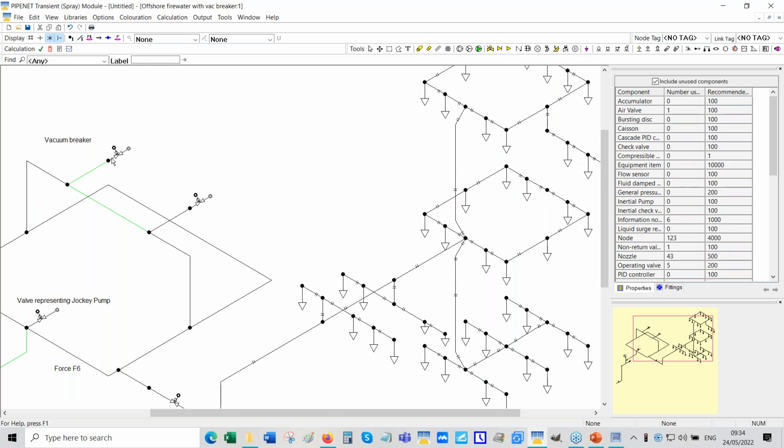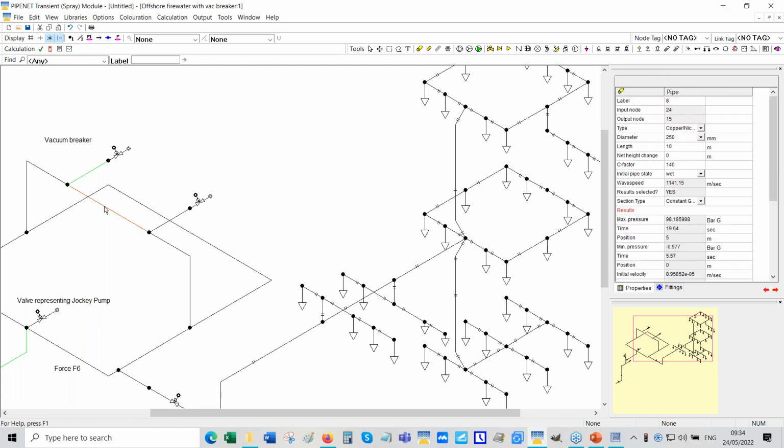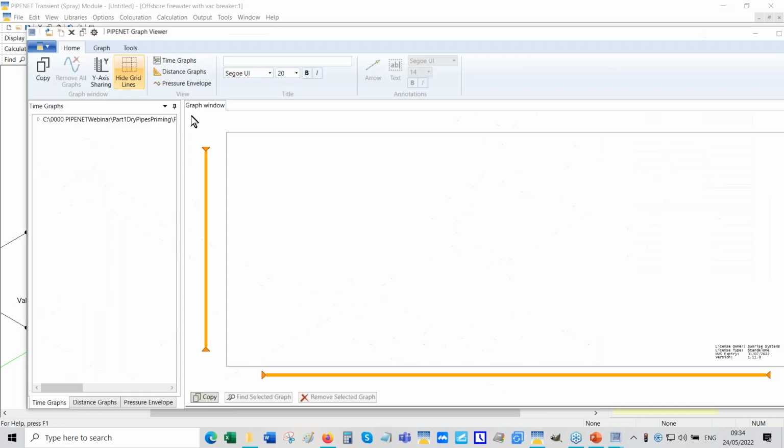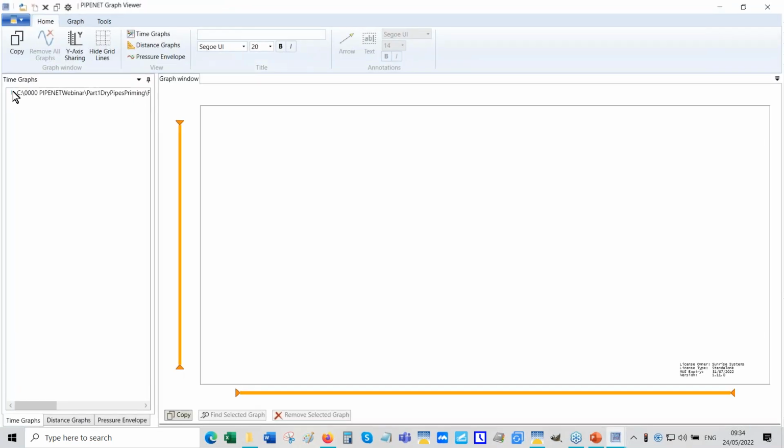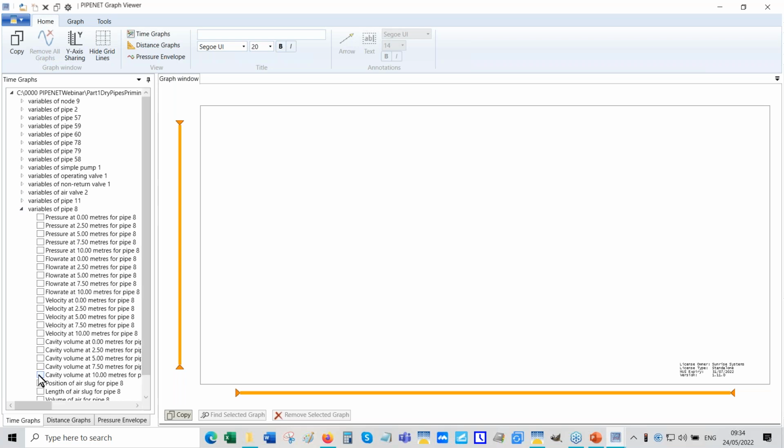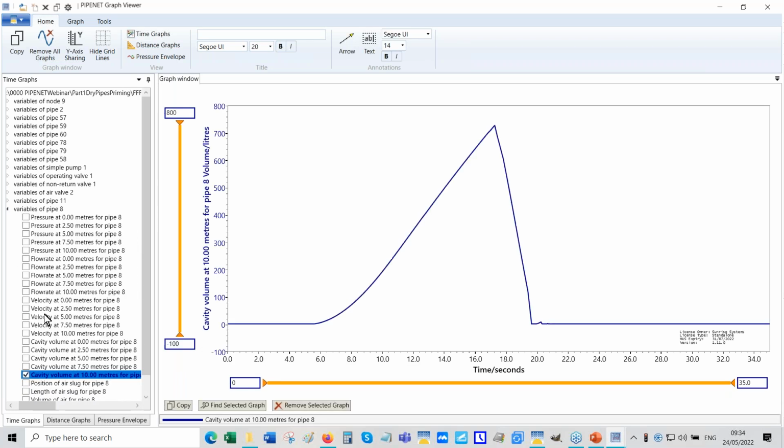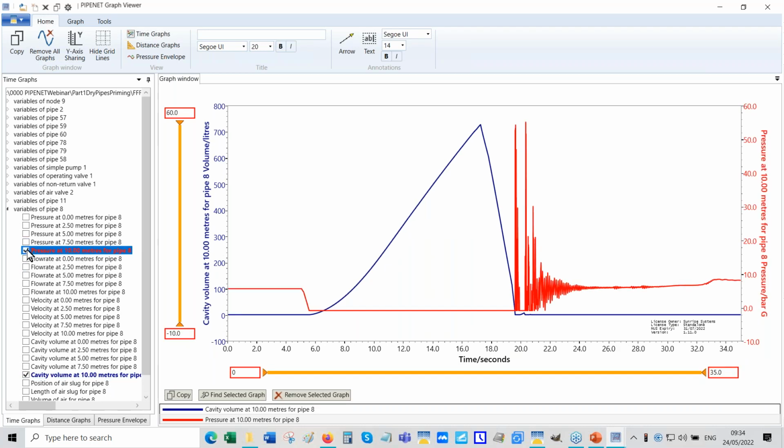And keep this in mind. Why? Because that's pipe 8. We look at the results in pipe 8: cavity volume, pressure surge.